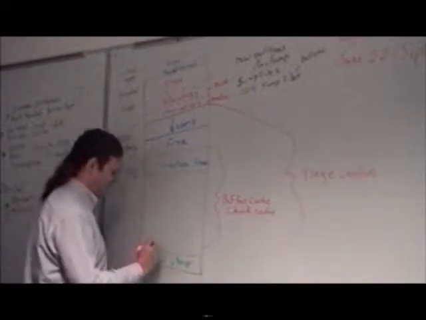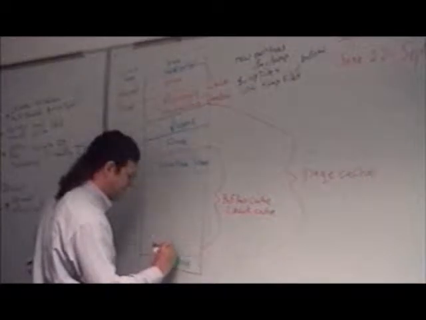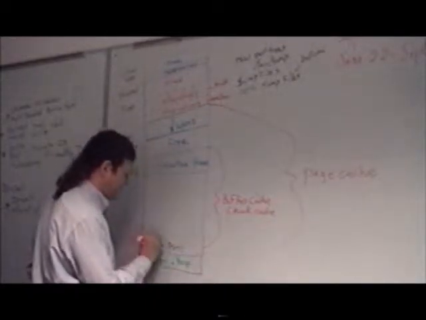Now, let's try a different color again. Black. Within my cache, I then have my metadata, or FS control data. That was the inodes and directory block information.